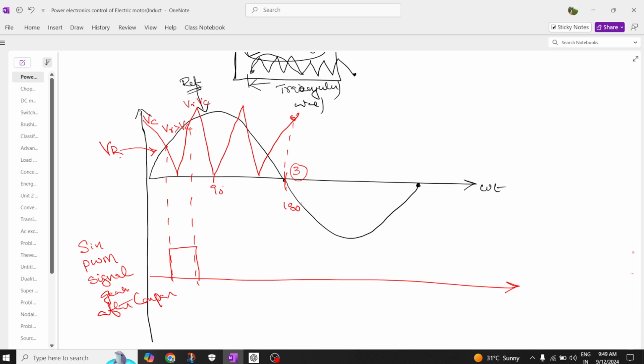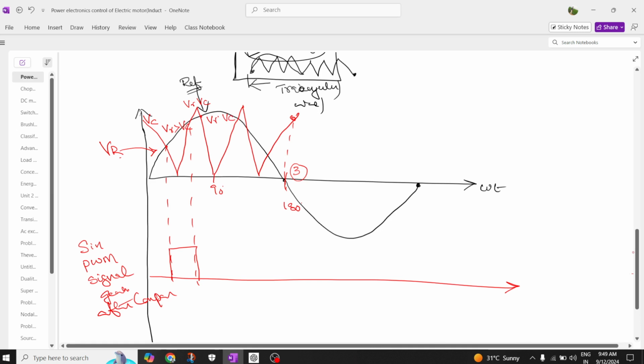So we take this reference voltage, so here VR is lesser. Okay, VR is lesser, automatically here we don't have a pulse. And when you come here, again you compare the condition, VR and VC. Where is VR?